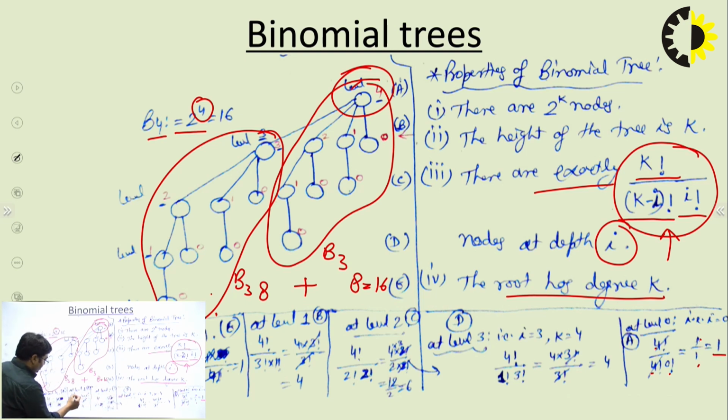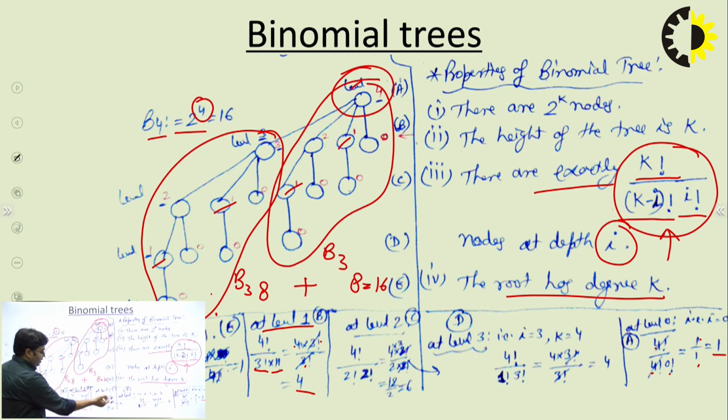At level 1, i is 1, so 4 factorial divided by (4 minus 1) factorial, means 3 factorial, multiplied by 1 factorial. 4 into 3 factorial by 3 factorial, so total nodes are 4. At level 1 there are 4 nodes: 1, 2, 3 and 4.